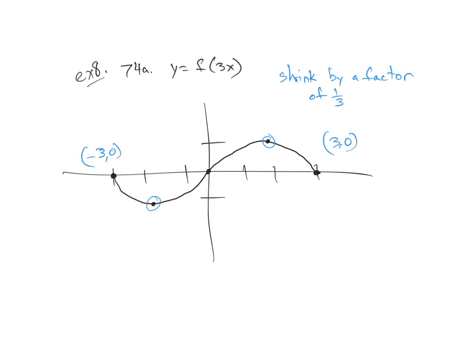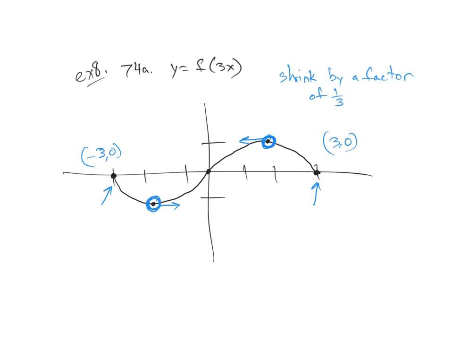That just means that this value up here is just going to shrink towards the origin. I don't know where that's at, but I'll show you here in just a second what you would roughly graph. Roughly means you're guessing. But I do know where these two are going to go. And 0 is just going to stay at 0.